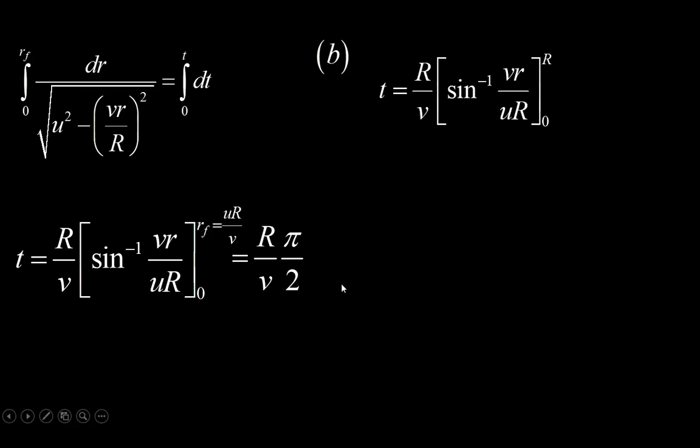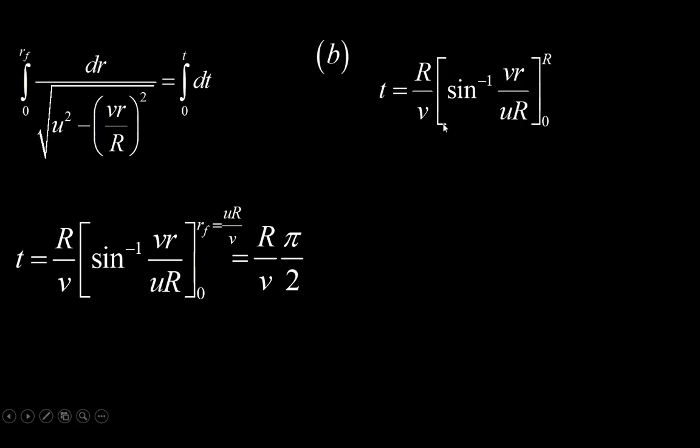The second part is what happens when u is more than v. When u happens to be more than v, then the final radius will be more than capital R. In that case, the particle P will cross the circle in which particle Q is moving. And since they are on the same radial lines, when it reaches the same radius, P and Q actually meet.